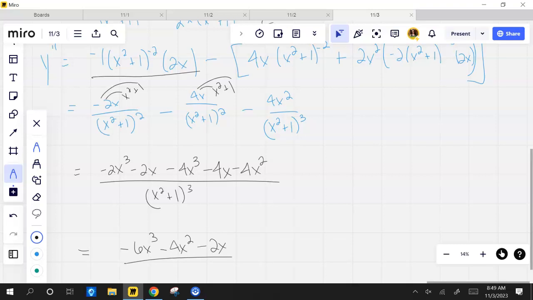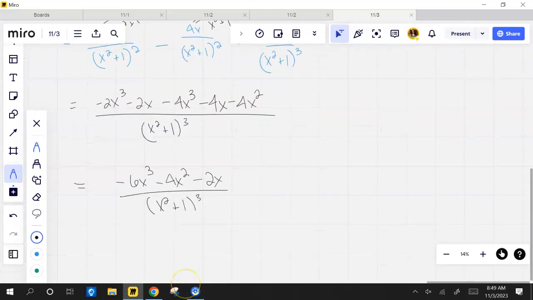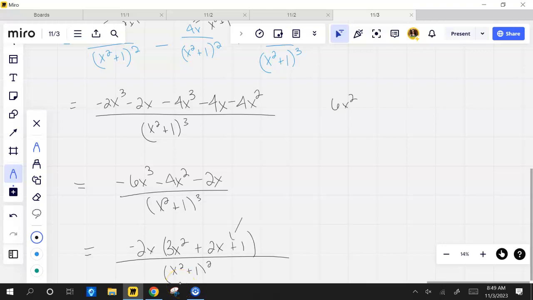You are right about that x equals 0. Did you get to this point? Take out a negative 2x. Leaves you with 3x squared plus 2x plus 1. And I can factor that. What multiplies to 3x squared? No, I can't.